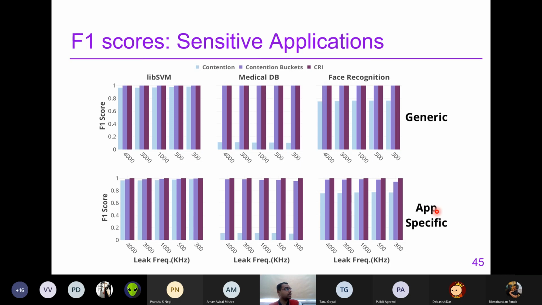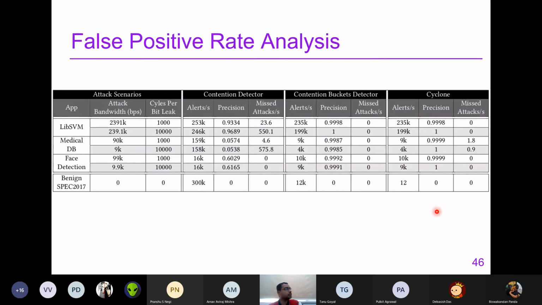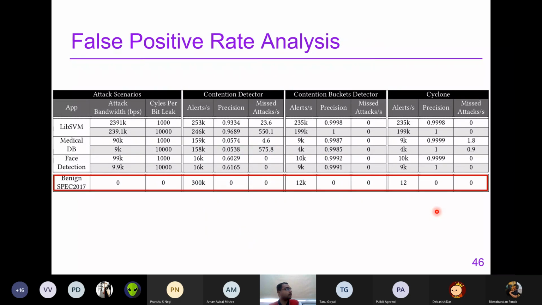Although it looks like the other algorithms are performing on par with Cyclone, this F1 score doesn't give the full picture. If we look at the number of false positives when these are run on harmless SPEC 2017 benchmarks, the contention detector, that is the single interference detector, generates 300 kilo false positives, the middle one 12, whereas the last one, Cyclone, detects only 12.